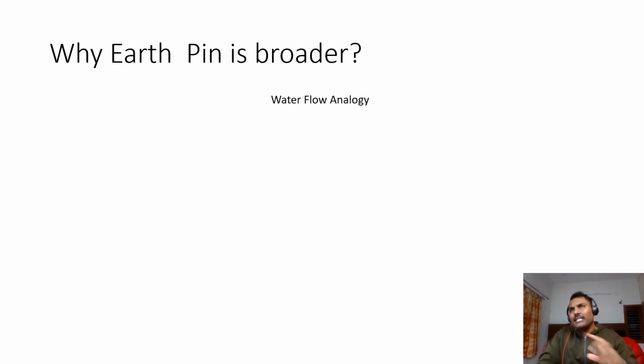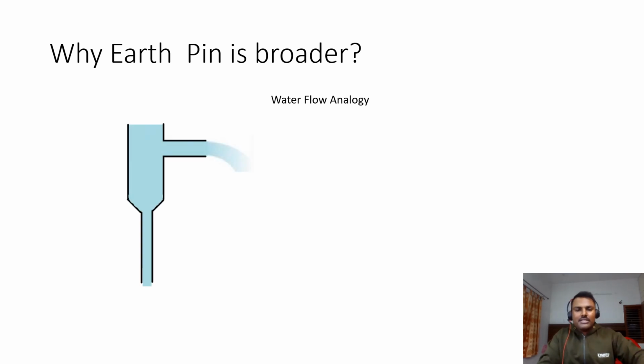I can explain this with a water analogy. In the first image, there is one big broader pipe, and at the bottom it is a restricted pipe, so the full water flows with high speed but is restricted at the bottom, and so wherever the side pipe is leaking, water is able to come out.